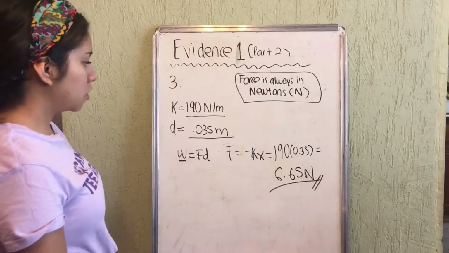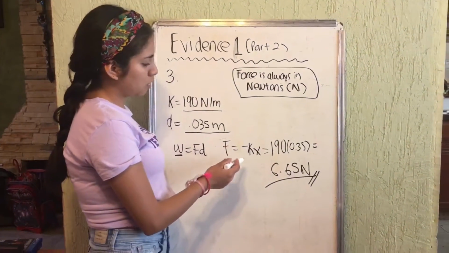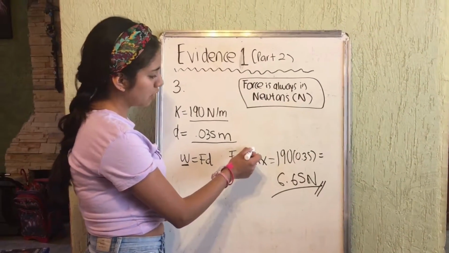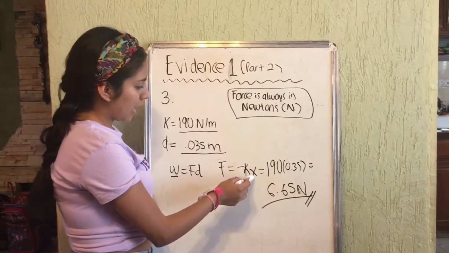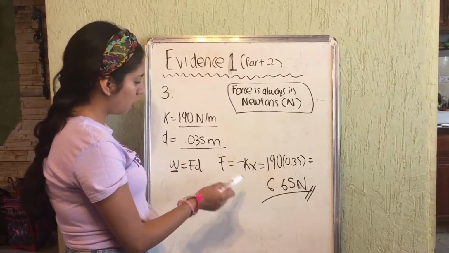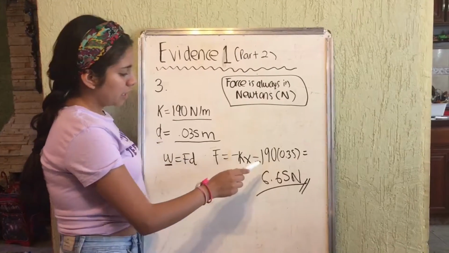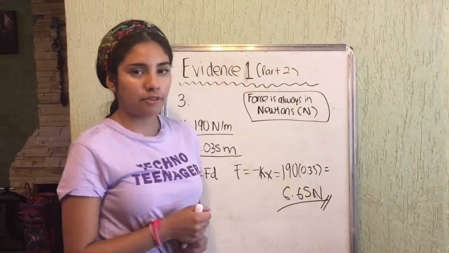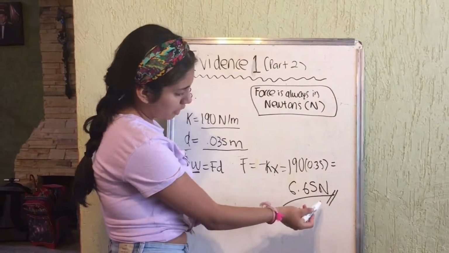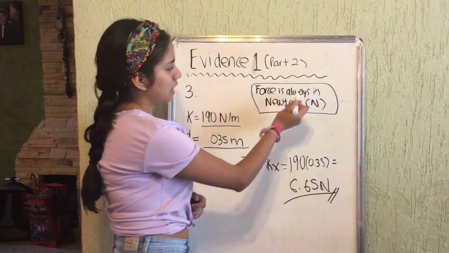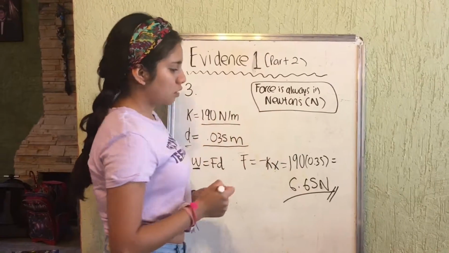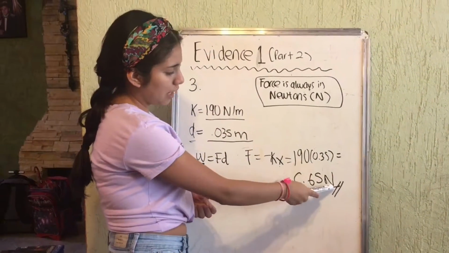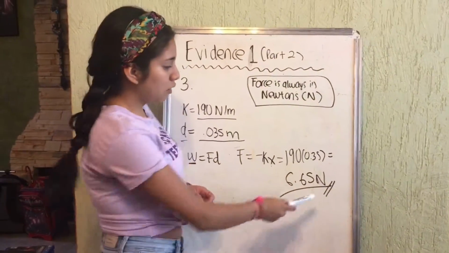So we're going to use the formula F equals minus K, our constant in this case, times X, which in this case is our distance. It's equal to 190 times 0.35, and this is our result. Remember that force is always in newtons, so we're going to put the value in newtons.